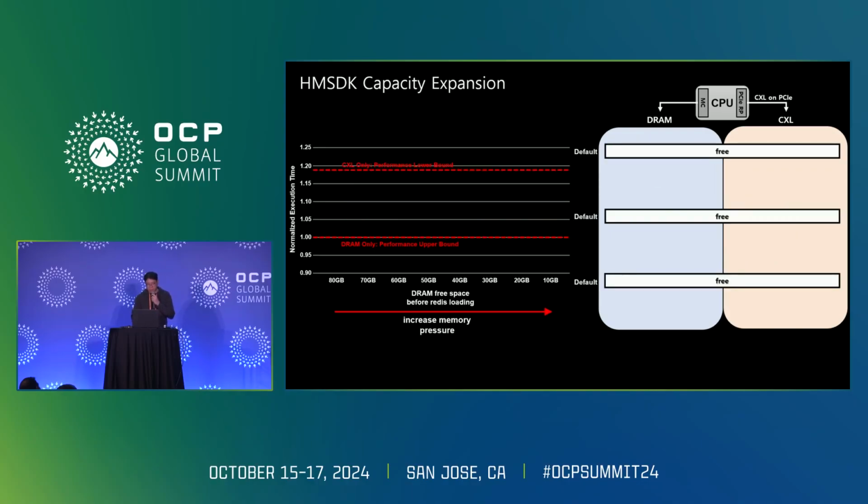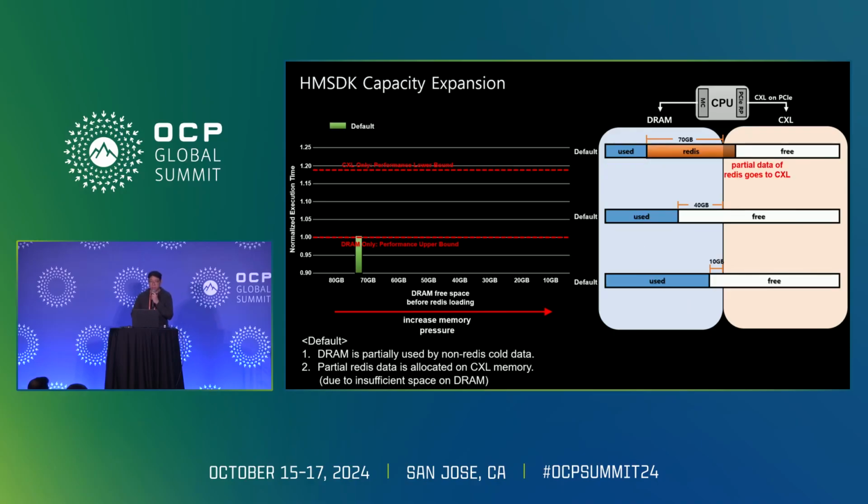So let's increase some memory pressure. By allocating some of the cold data in various ways, we can allocate Redis in various different locations. Initially, if partial data is located inside the CXL, the performance is not that bad, very close to DRAM only.